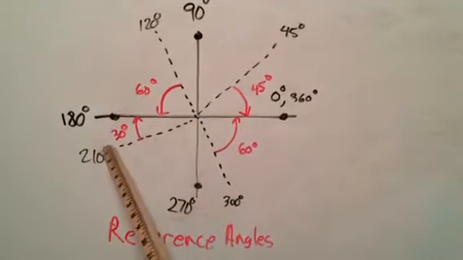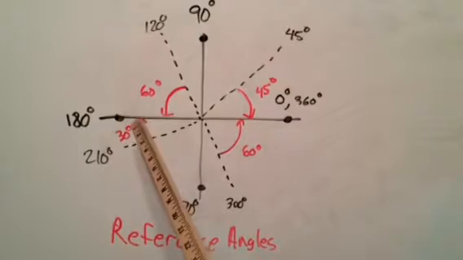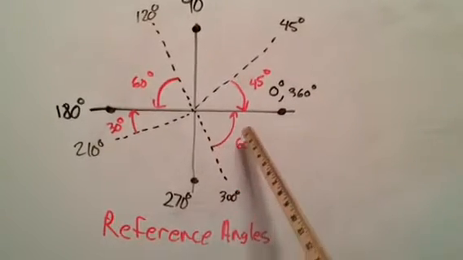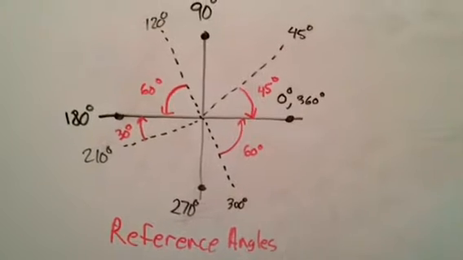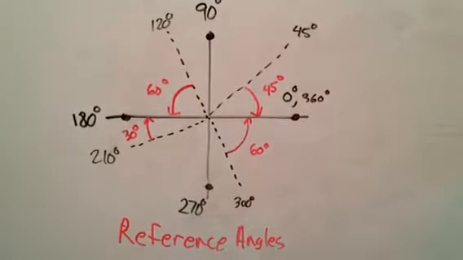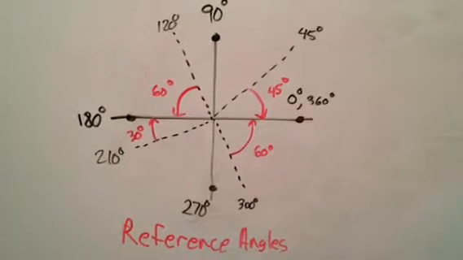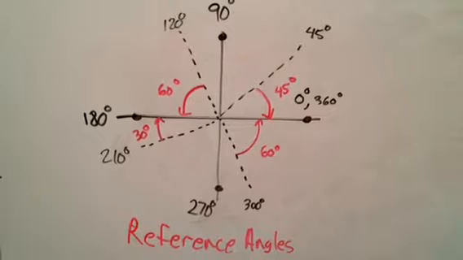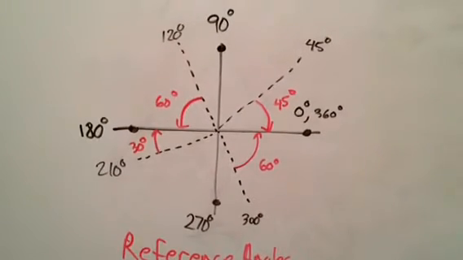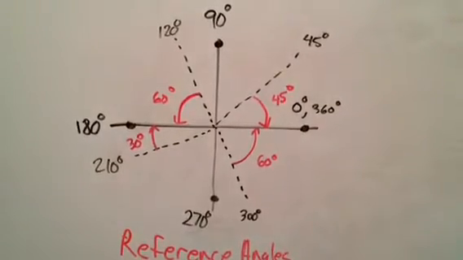At 210 degrees, I am 30 degrees away from the x-axis. And at 300 degrees, I am 60 degrees away from the x-axis. Each of these angles that are in red are considered reference angles, and you would take the sine, cosine, or tangent of these reference angles to replace the ones for 45, 120, 210, and 300 degrees.